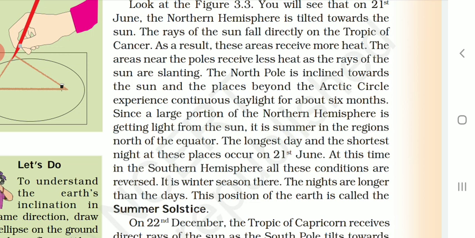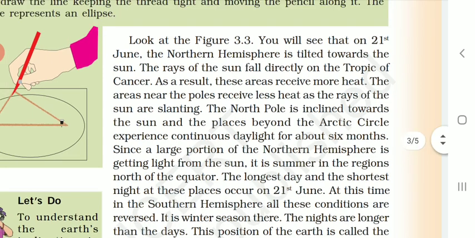That means in the summer season on 21st June, it is the longest day and shortest night in the northern hemisphere, and in reverse of that, there is winter season in the southern hemisphere, and therefore the nights are longer than the days. This position of the earth is called summer solstice.